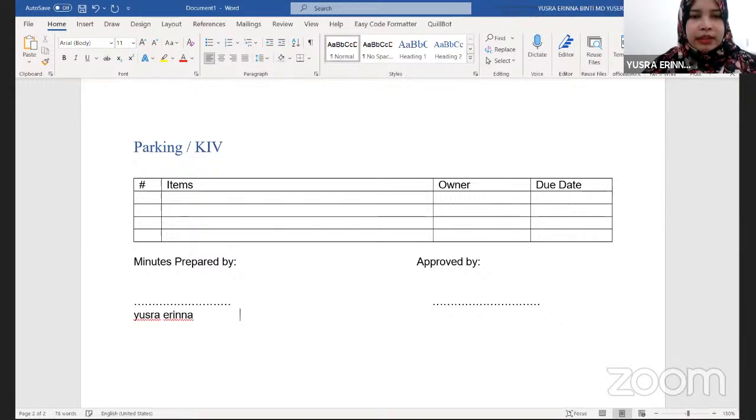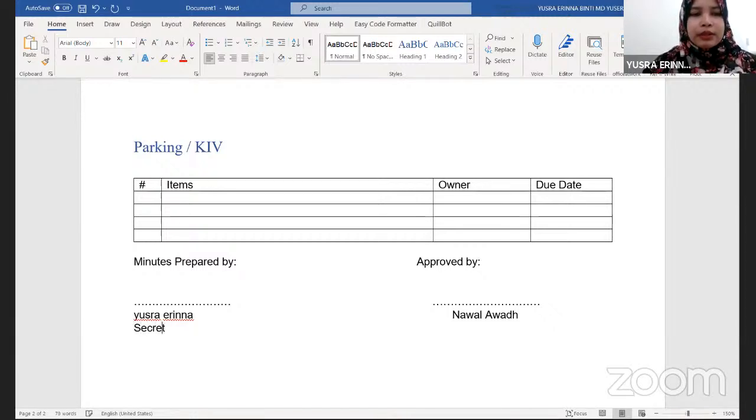And then it is approved by my head of department, Nawal. Of course, the full name, Nawal Awad. And of course we need to mention the position.